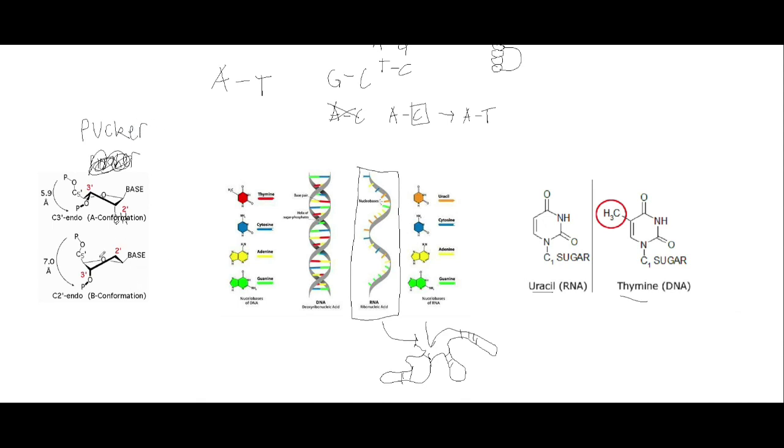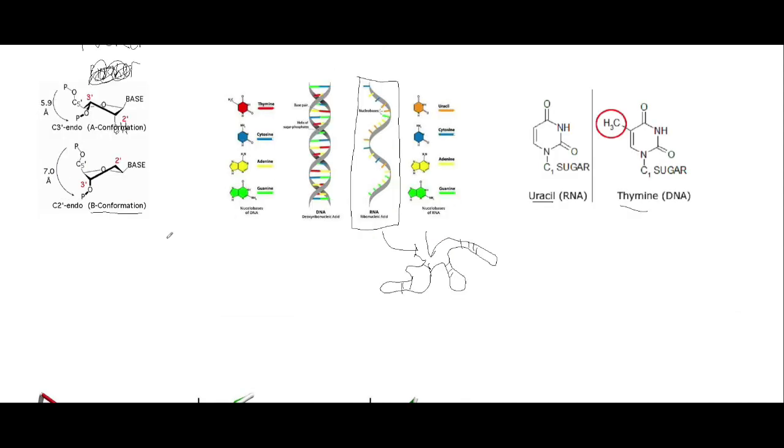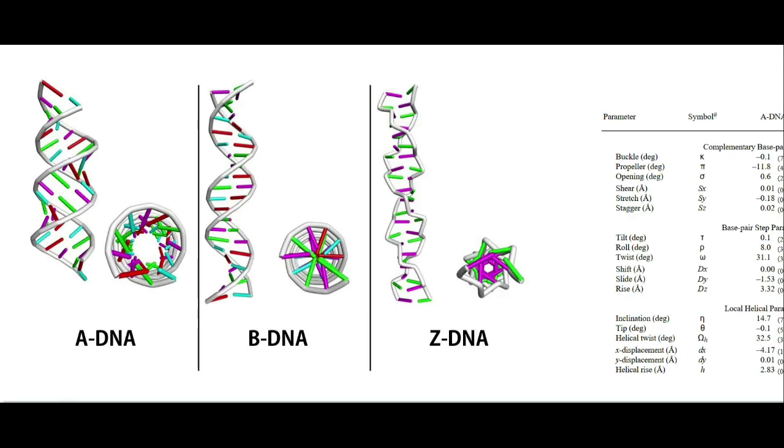Pucker. Okay, and so RNA has this 3' endo pucker, and DNA, which, like I said, doesn't have the hydroxyl here, has the 2' endo pucker, and you can see that this says B conformation here, and what we will see is that DNA is usually in this B conformation.